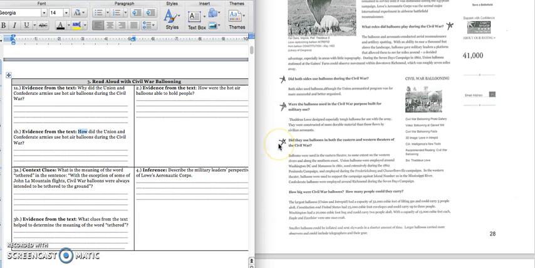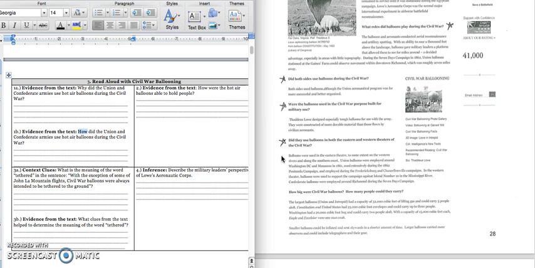This section says, did they use balloons in both the Eastern and Western theaters of the Civil War? So again, where were they using balloons? Only in the East, only in the West, or in every part of where the war was going on? Balloons were used in the Eastern theater to some extent on the western rivers and along the southern coast.